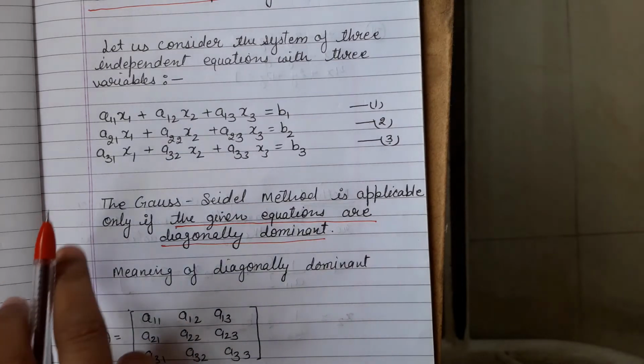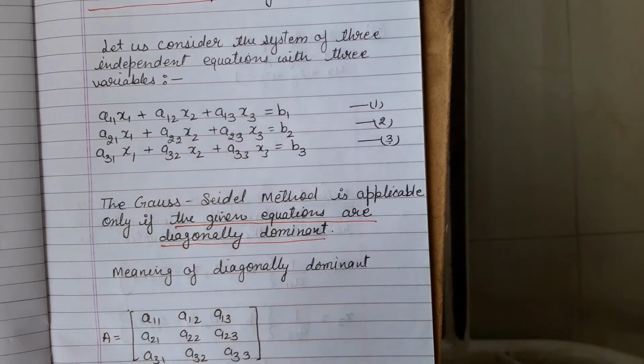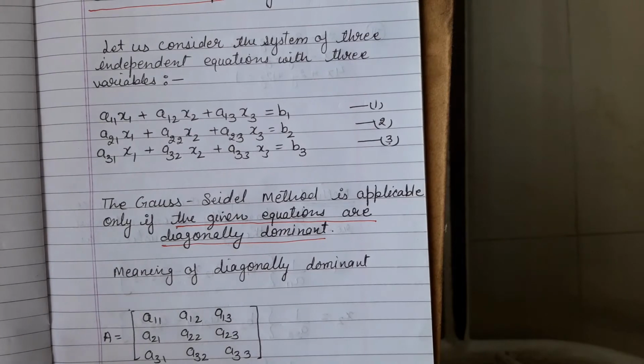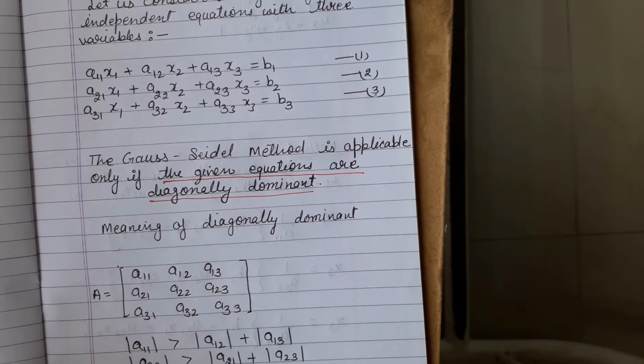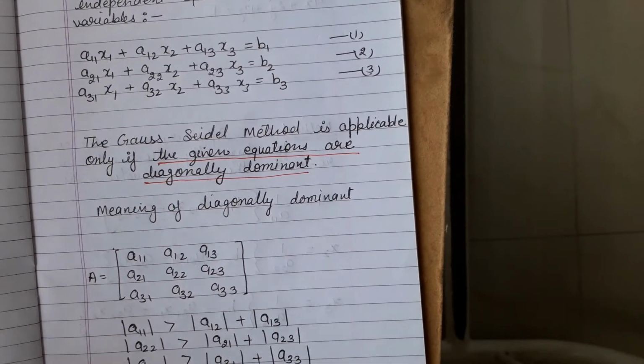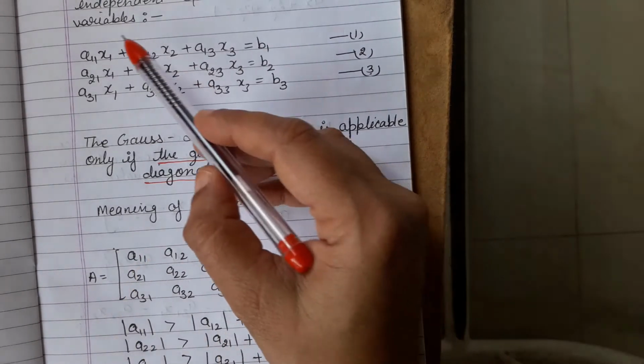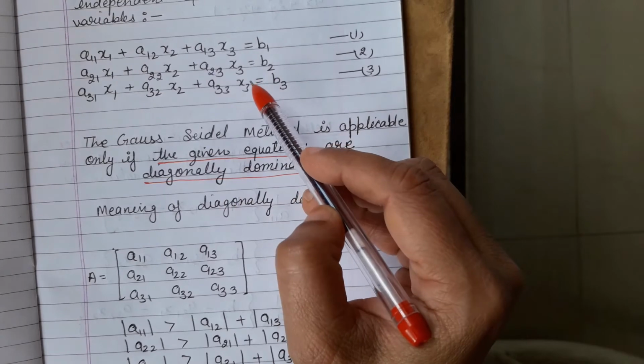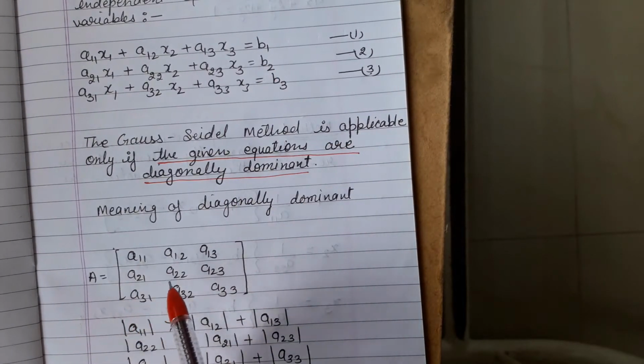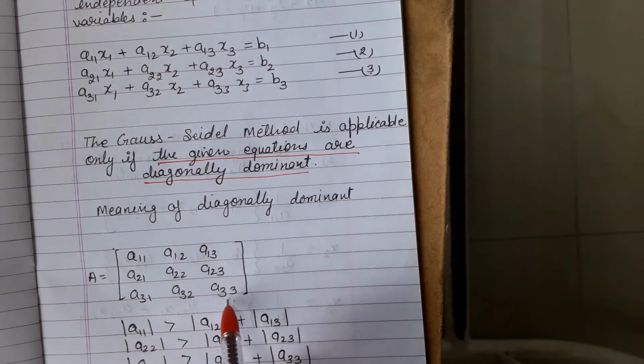So if we write the coefficient matrix of the given equations, how do we write it? This is the coefficient matrix of the given equations. The coefficients of all the variables we write in matrix form. So A is the coefficient matrix, consisting of a11, a12, a13, a21, a22, a23, a31, a32, a33.